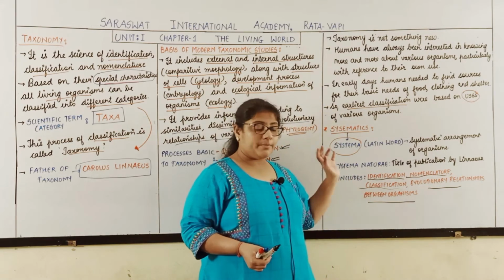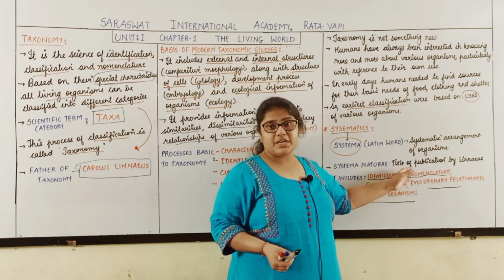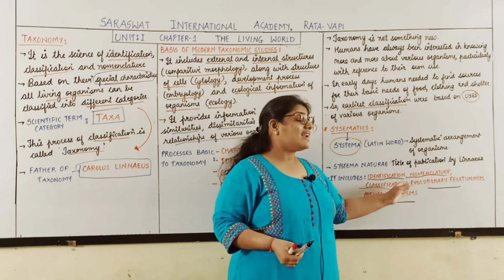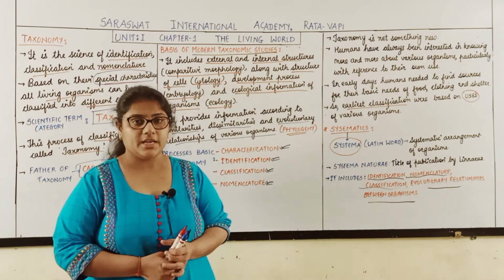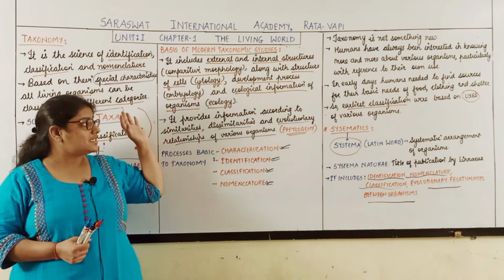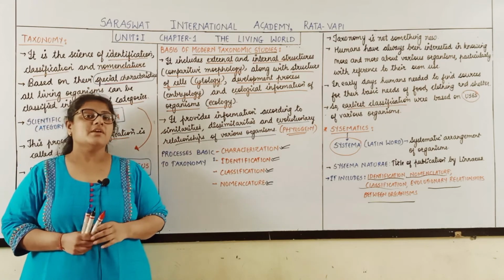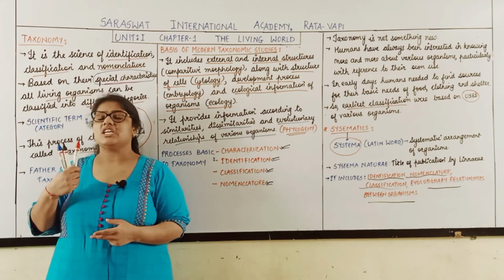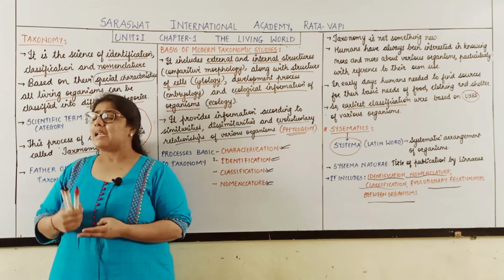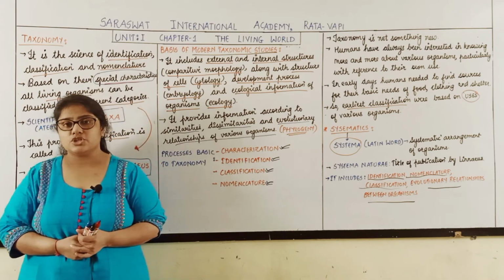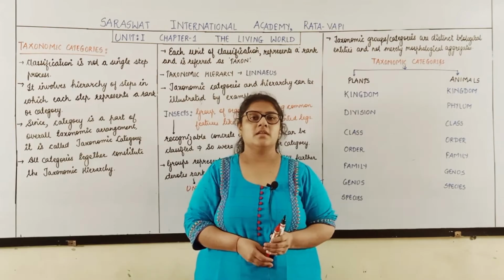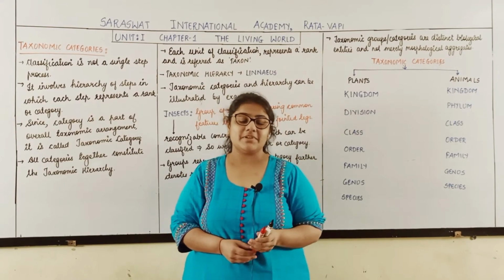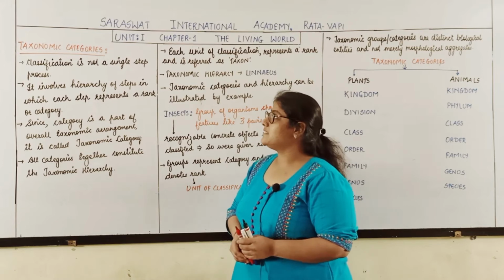So students, systematics and taxonomy mean identification, characterization, classification and nomenclature of the organisms. Clear students? Now we will be dealing with the various taxonomic categories.